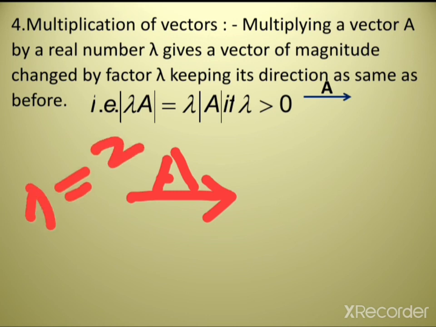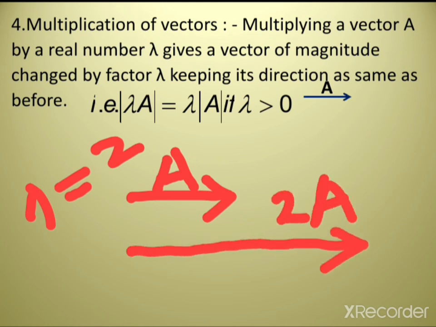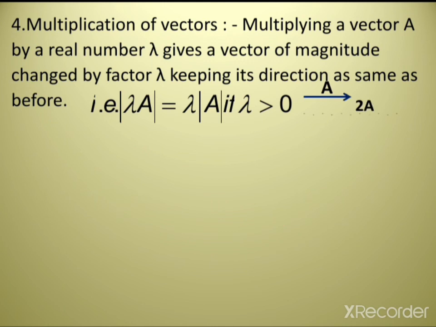That means a is multiplied by 2, then its magnitude will be twice a. This is twice a, but the direction is the same. So this is the result of multiplication of a vector by a scalar quantity. Then the new one will be twice a.